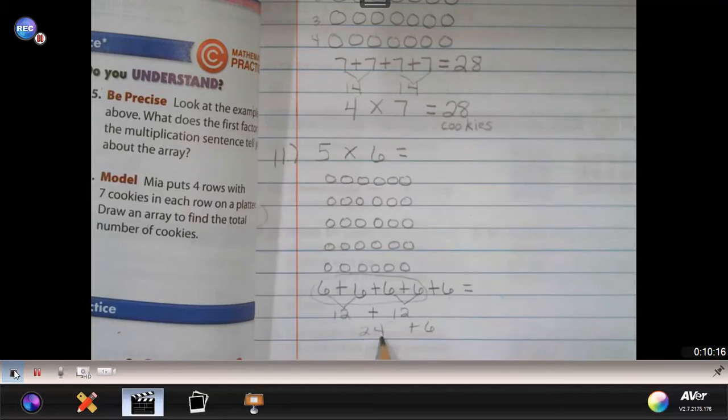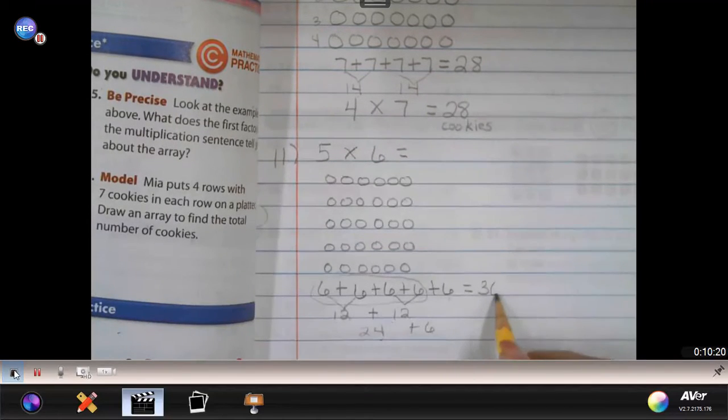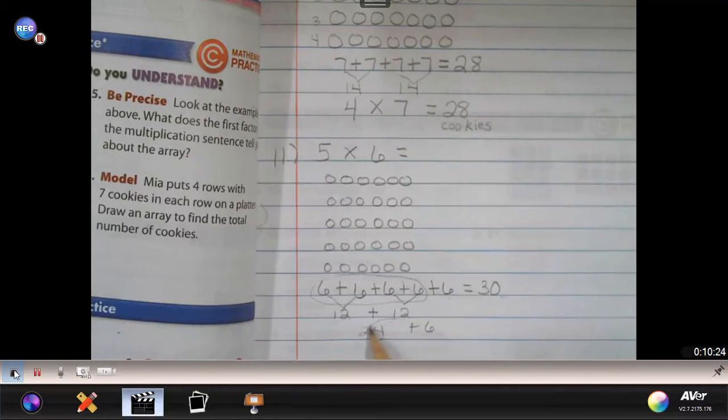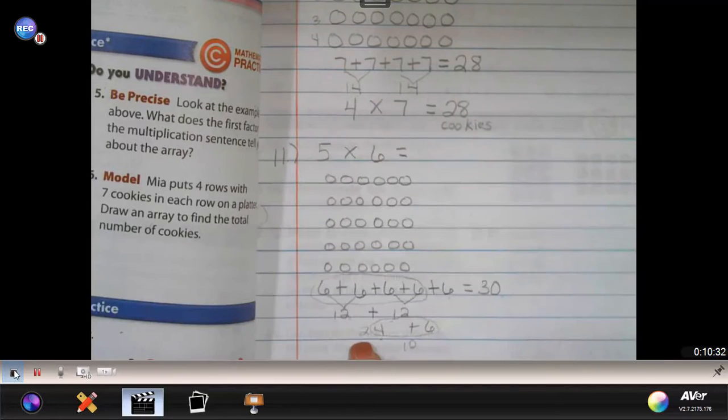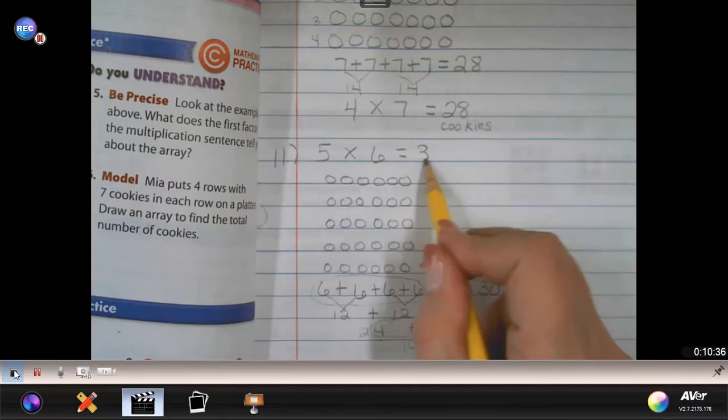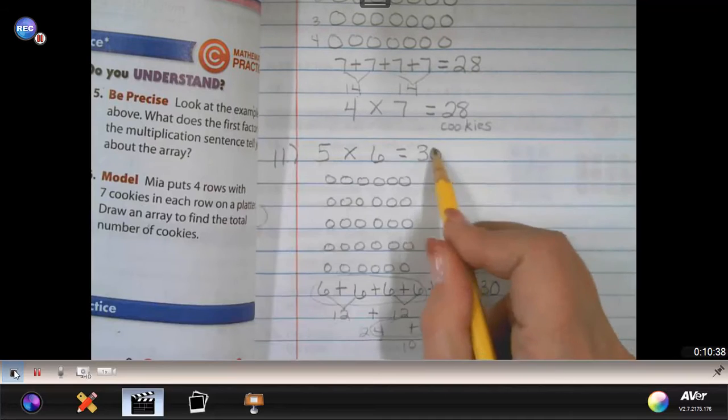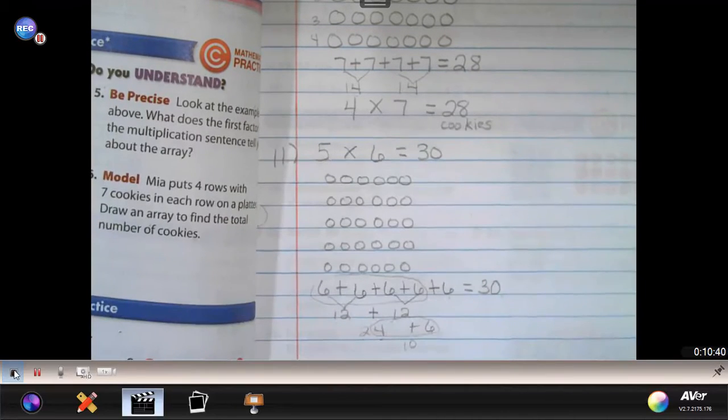So when I add 6 and 4, that makes 10, and now I add that 10 to the 20 to make 30. So that 6 and 4 is now going to create a new 10 added here to my tens place. So we know that when we multiply 5 times 6, we get 30.